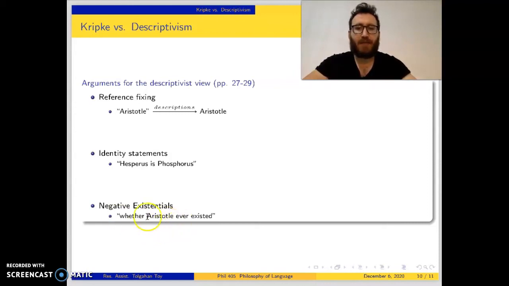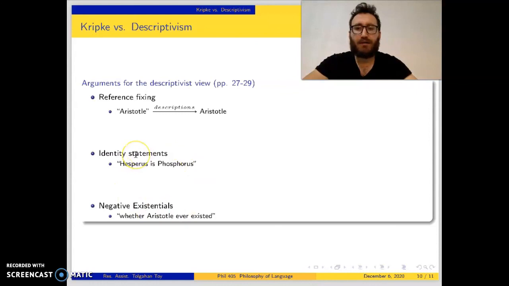I mean, whether the author of Metaphysics ever existed, whether anybody ever wrote that book, or whether there was a person who taught Alexander the Great and who was a philosopher. So the descriptivist theory makes sense of these linguistic phenomena.